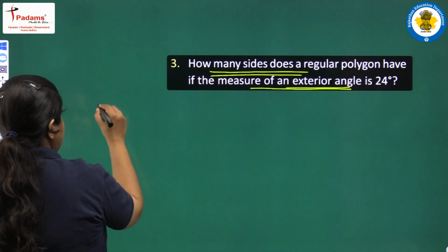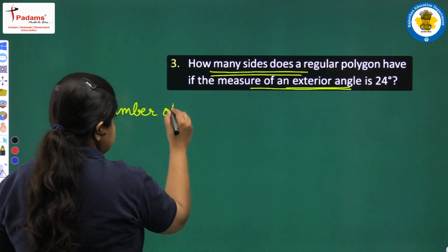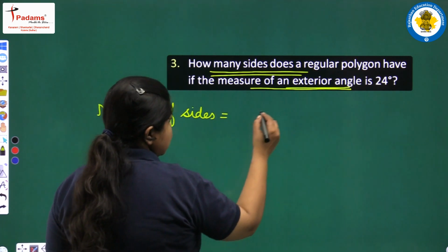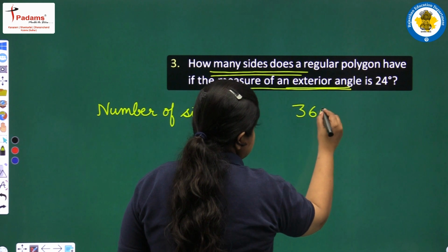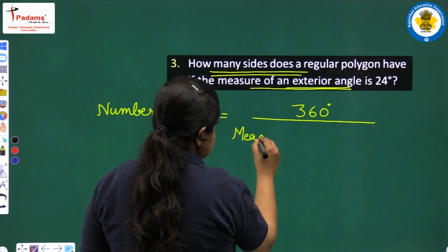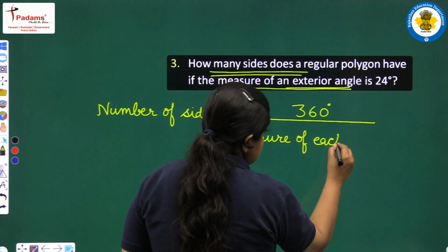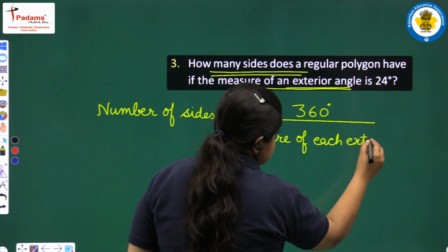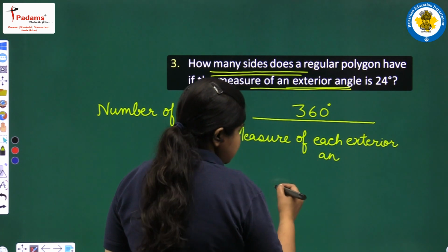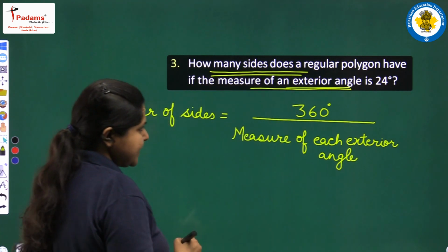We know the formula: number of sides is equal to 360 degrees upon the measure of each exterior angle. This is the formula that we have already learnt just now in our previous slide.